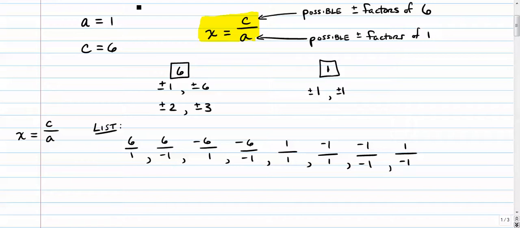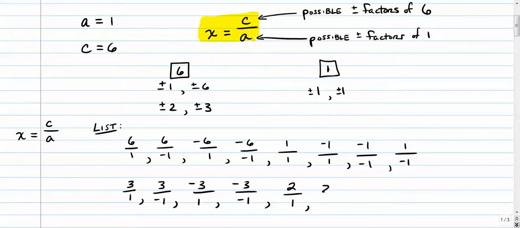So positive 3 over positive 1, positive 3 over negative 1, negative 3 over positive 1, negative 3 over negative 1. Move on to the 2's: positive 2 over positive 1, positive 2 over negative 1, negative 2 over positive 1, negative 2 over negative 1.